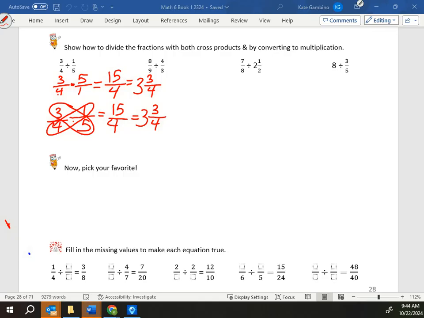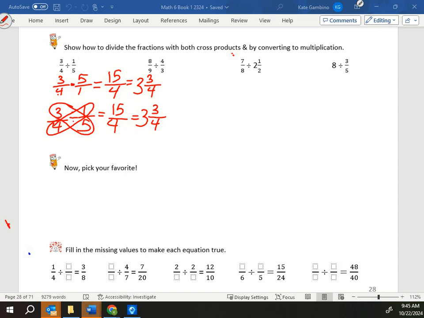When we get to that third one, 7/8 divided by 2 1/2, what important thing do I have to do first? Everybody take a look at this one. What do I have to do before I can do any of the operations? What has to happen, Maddie? You have to change the 2 1/2 to a fraction.